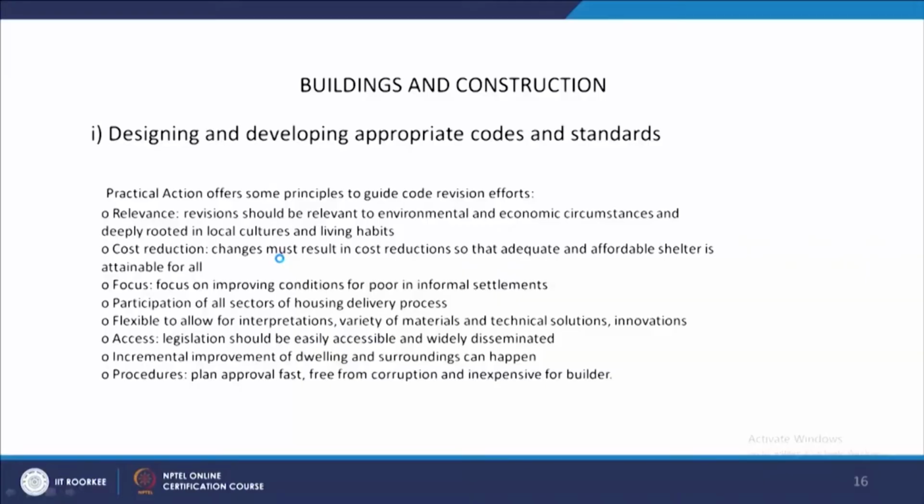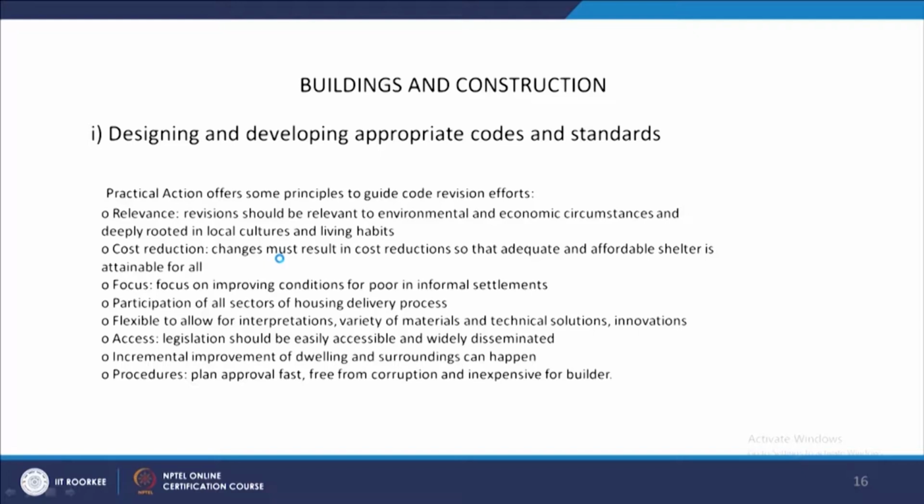So things have been taken into account and the committees have tried to reflect that, and later it has to keep being revised. Some of the aspects say the revision should be relevant to environmental and economic circumstances and deeply rooted in local cultures and living habits.